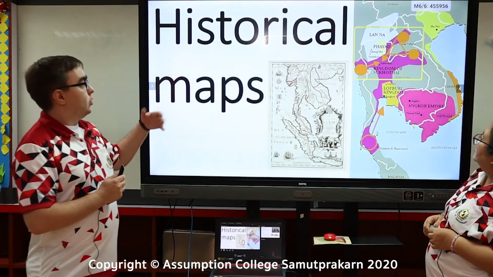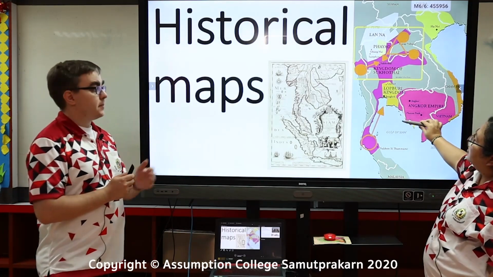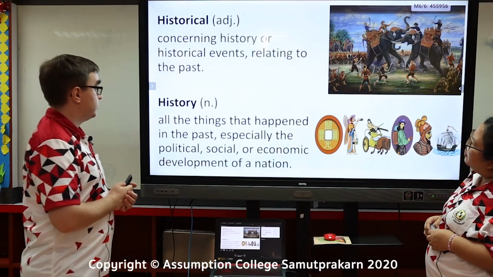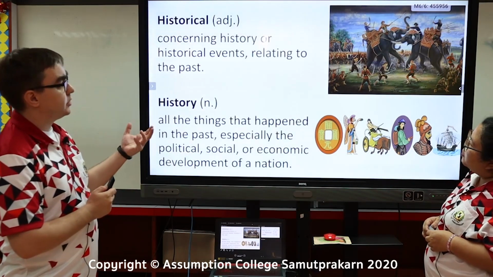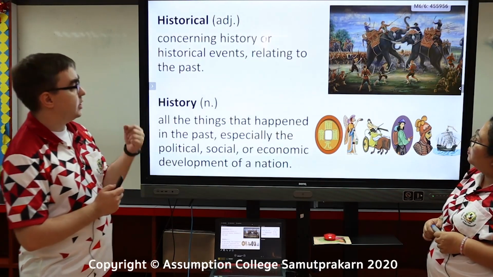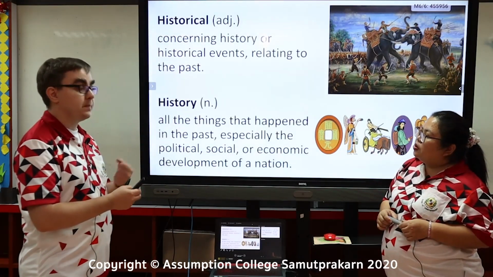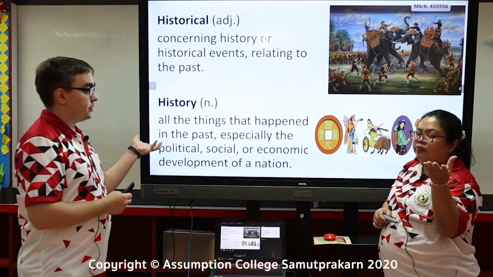Now, let's look at historical maps. What are historical maps? Let's think about historical and history first. Historical is a word that means something related to history. So a historical map will talk about history. And what is history?